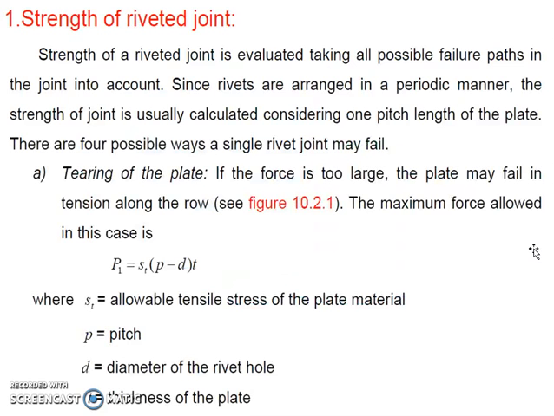The formula as per the code is P1 = ST × (P − D) × T. ST is the allowable tensile stress of the plate material. P is the pitch, that is the horizontal distance between two rivets. D is the diameter of the rivet hole, and T is the thickness of the plate.